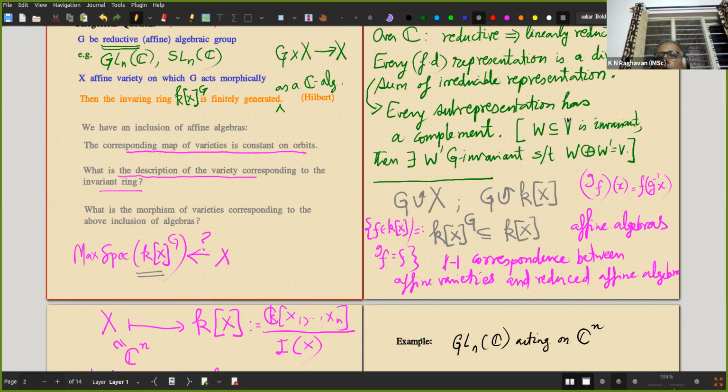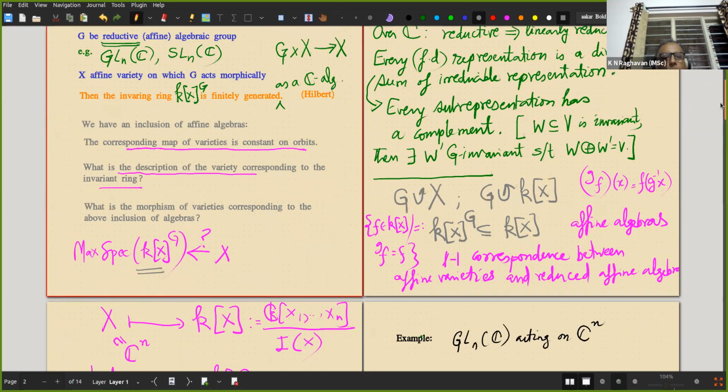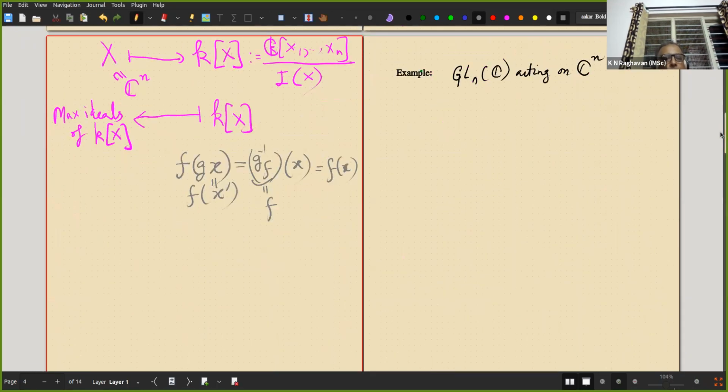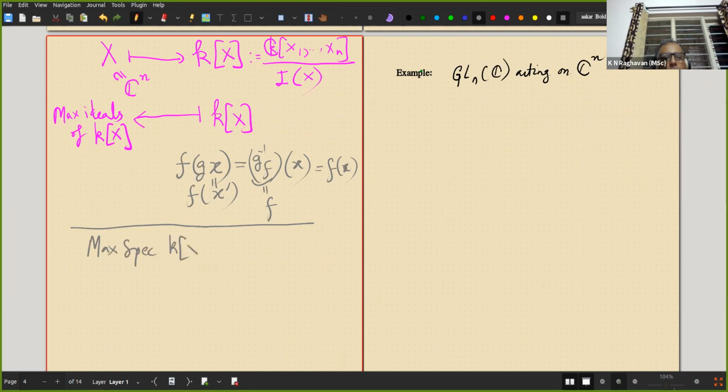Now comes the description of what this is. Here is the answer to those questions, and this is the main topic for today's lecture. It says the following: the max spec of KX^G has a very nice description.